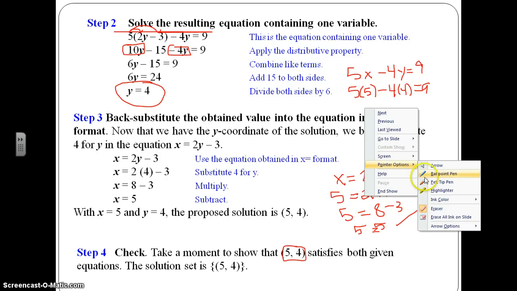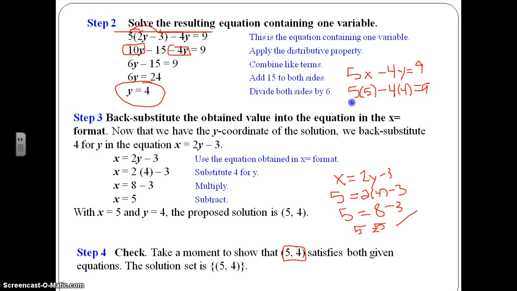Get my pen back. So 5 times 5 is 25. And negative 4 times 4 is negative 16. And then 25 minus 16 gives me 9. So they equal. So my answer is correct. My answer is 5, 4.